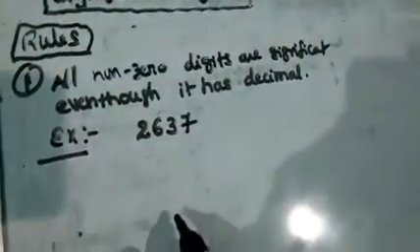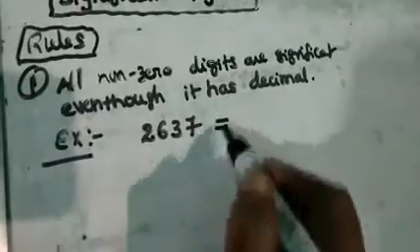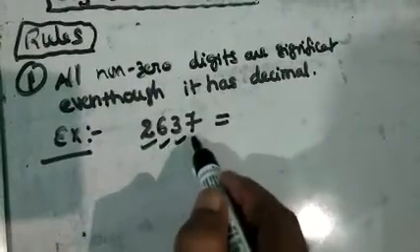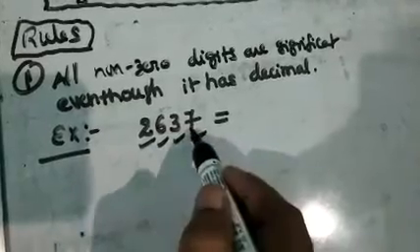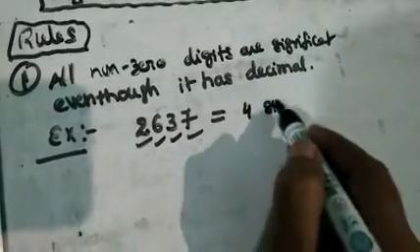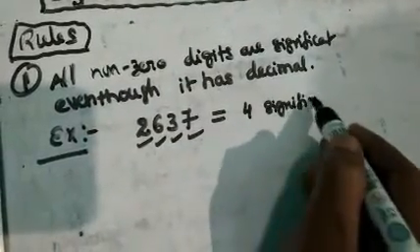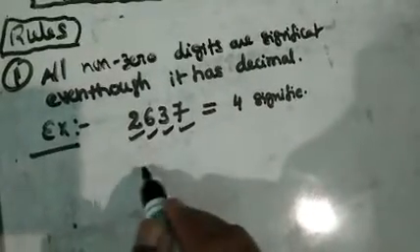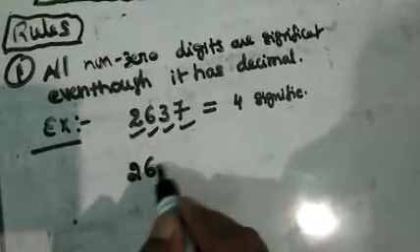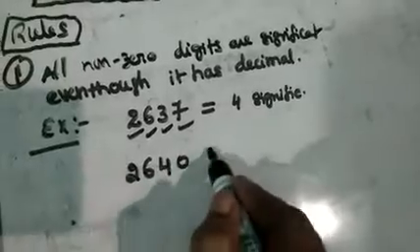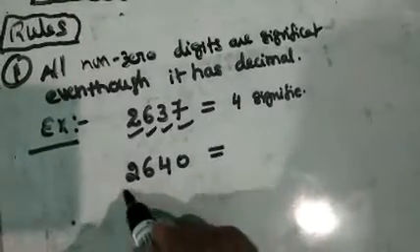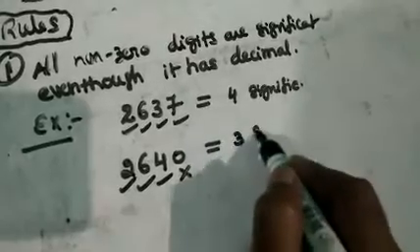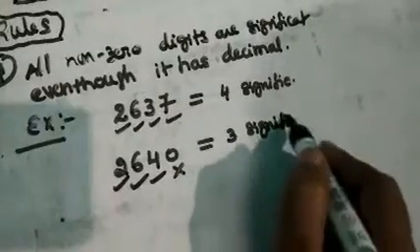2637. How many significant figures are there? How to count? 1, 2, 3, 4. All are non-zero. Total 4 significant figures. Another example: 2640. How many significant figures? 1, 2, 3. The 0 is not countable. Only 3 significant figures.